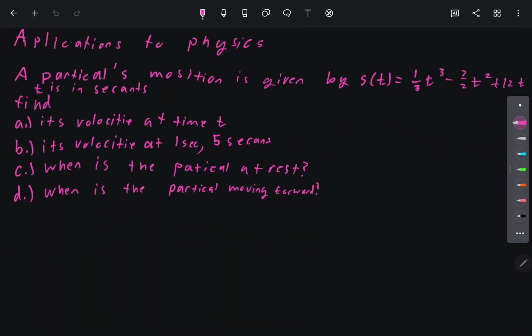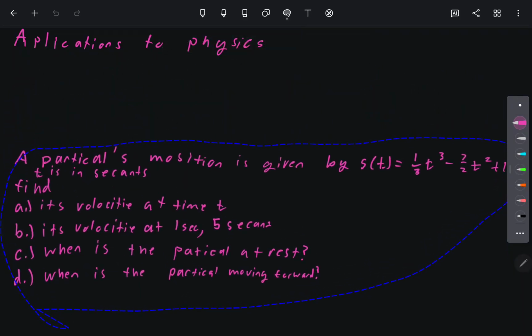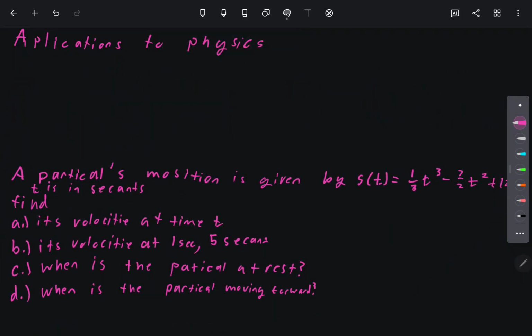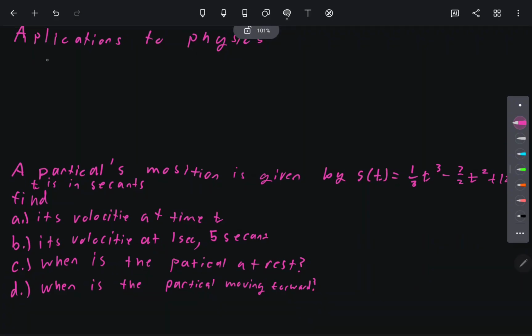Before we get started on this velocity problem, I should have probably given myself a bit more space. Let's ask ourselves, what is velocity? The way that we might find average velocity: velocity is defined as the change in position over a change in time.